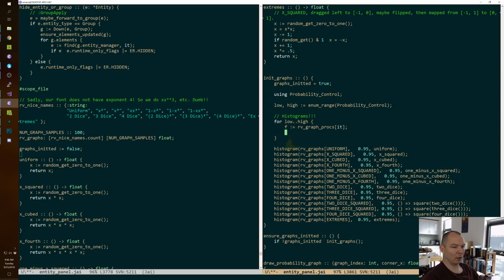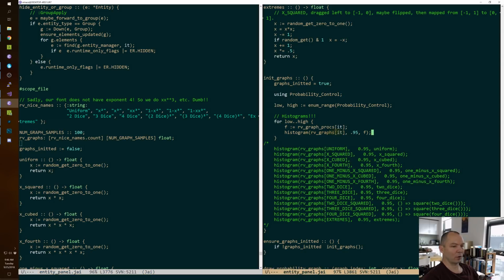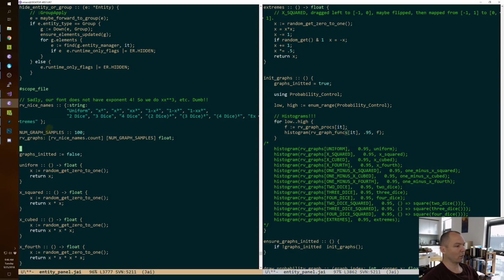And then histogram f 0.9, or sorry, rv graphs it f 0.9, other order of arguments, right? So we're just going to have rv graph funcs.